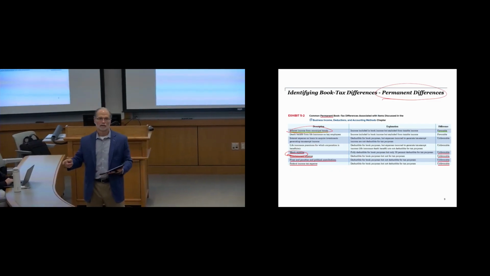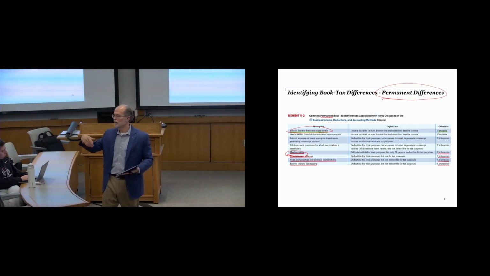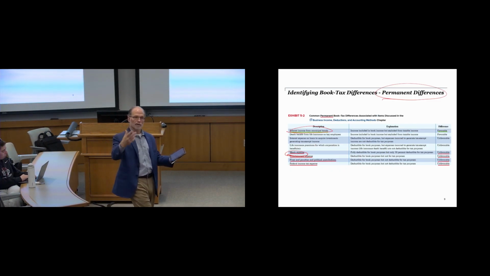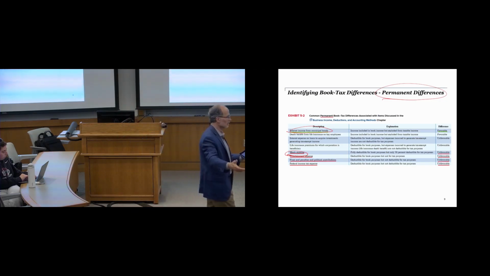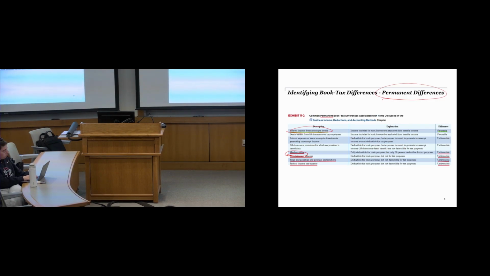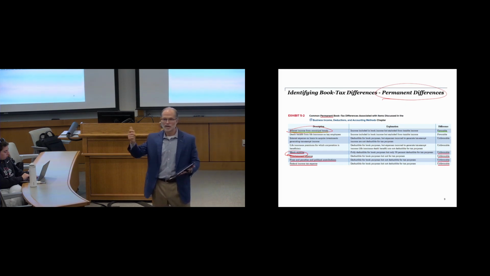So, like this is client entertainment. If you take a client, a customer, say, for your corporation, to dinner, you only get to deduct half of that dinner. There's no such rule in accounting. You're deducting 100% of that meals expense, so long as it relates to the business. Accounting's 100%, tax's 50%. Is that permanent or temporary?